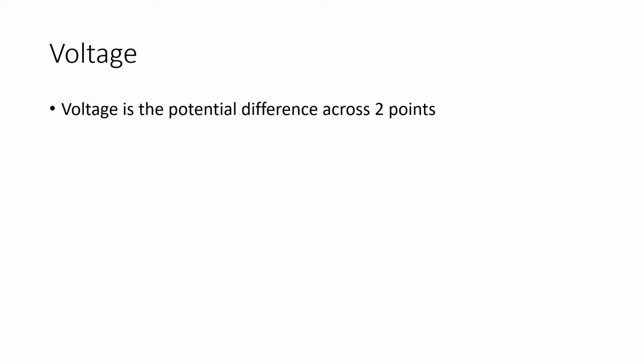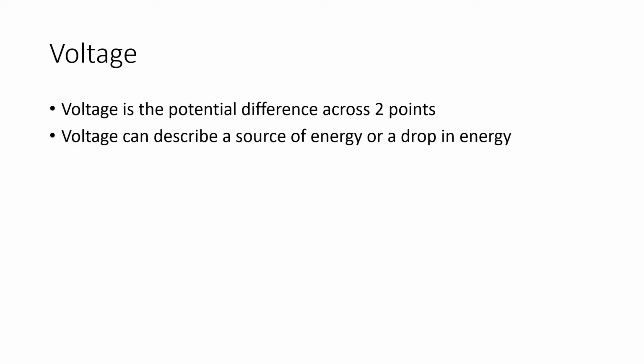Now, the next quantity to define is voltage. Voltage is the potential difference across 2 points. And this potential difference can either be a source of energy or the drop in energy of an electron when it passes through a resistive element.